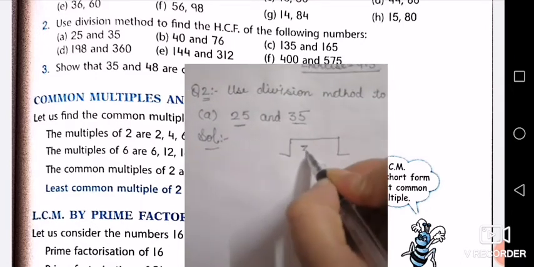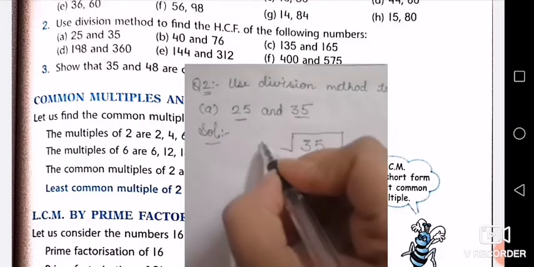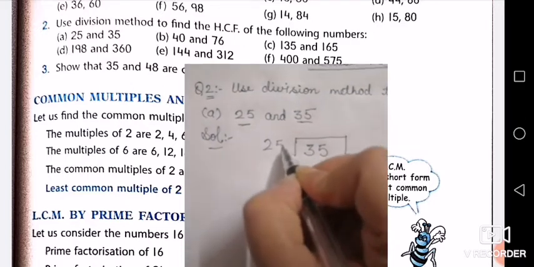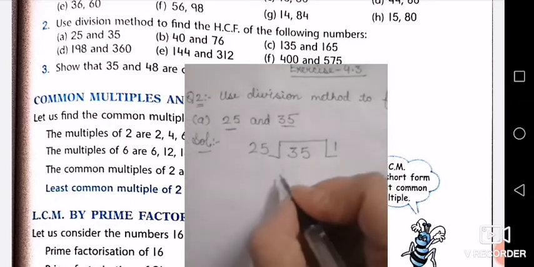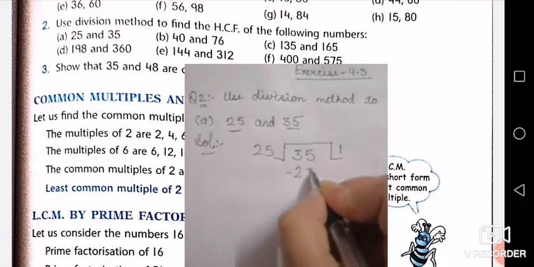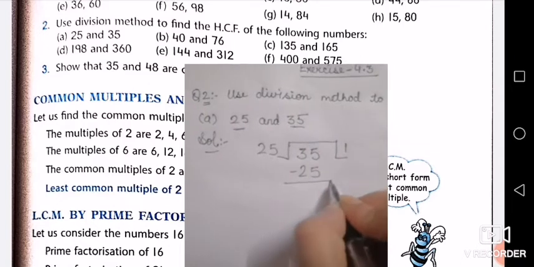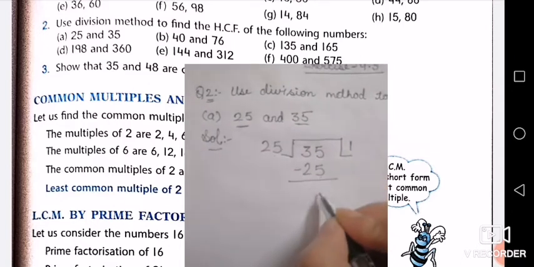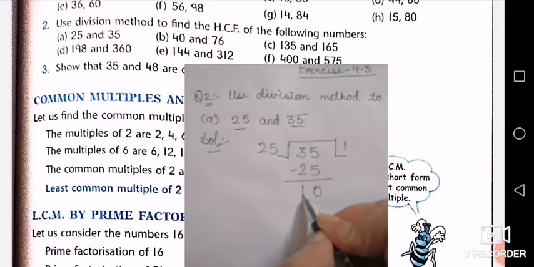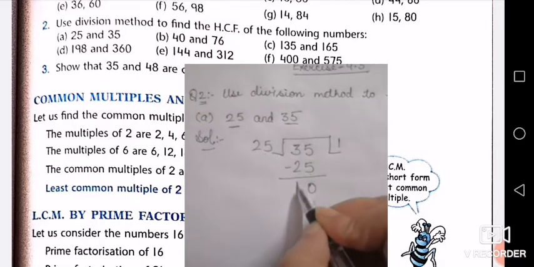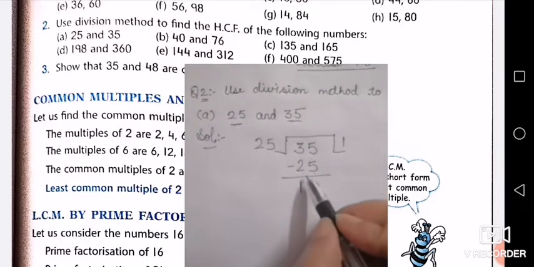So I'll write these numbers like this, 25. Now it will go 1 time. Now what is the remainder you will get? 5 minus 5, 0 and 3 minus 2, 1. You will get 10 as a remainder in the first step.